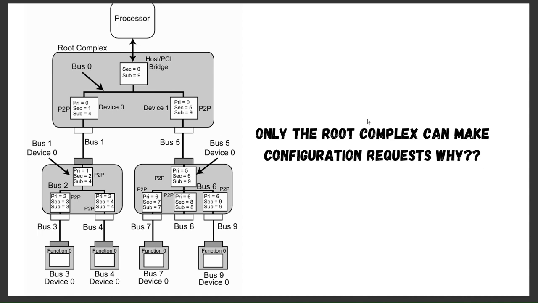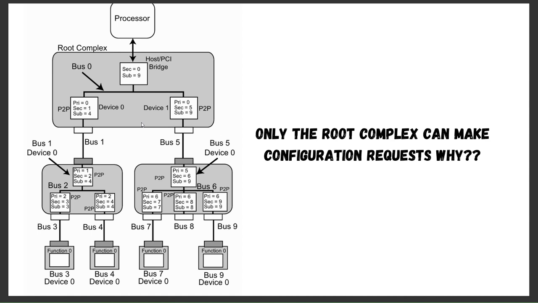And one more important thing is that configuration transactions flow downstream. Since only the root complex can send configuration requests, the requests can only flow downstream. This means the configuration requests start at the processor, go through the root complex and travel to the devices below.